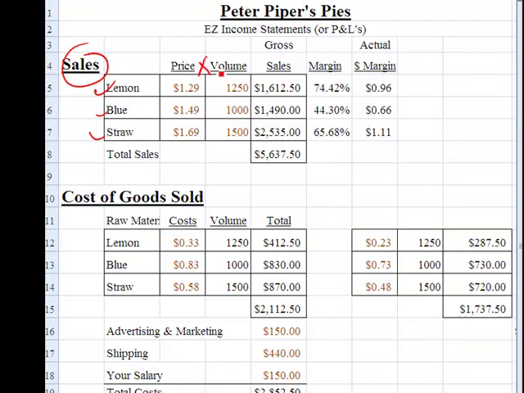Remember, we're multiplying these two columns times one another, and we get for lemon pies $1,612.50, blueberry $1,490, and strawberry $2,535. We add all three of these together, and this cell right here is just summing these three cells above it to get what your total sales are going to be for this particular item.